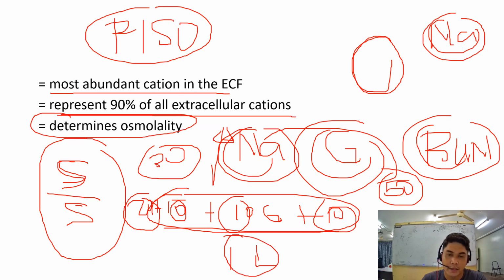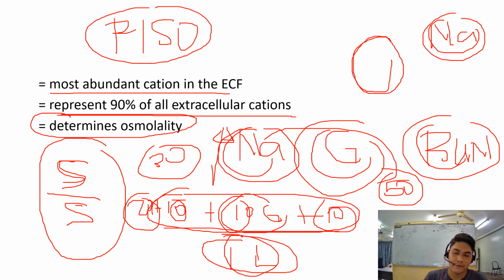The body will try to increase the plasma volume so that it will maintain its normal osmolality. After ingestion of salty food or food rich in sugar, your body will try to drink more water to increase the volume of the solvent, which is your plasma.